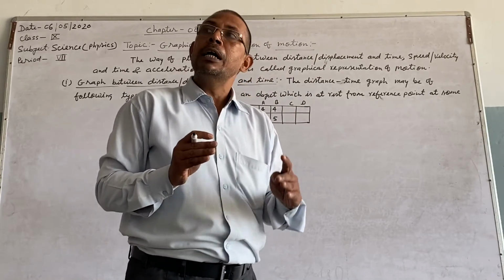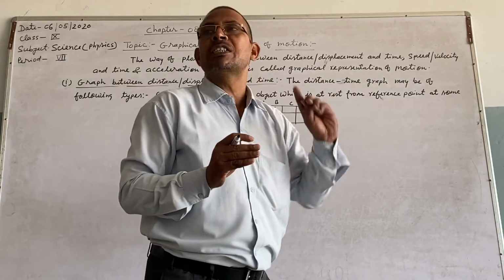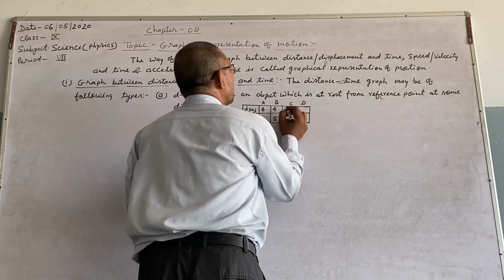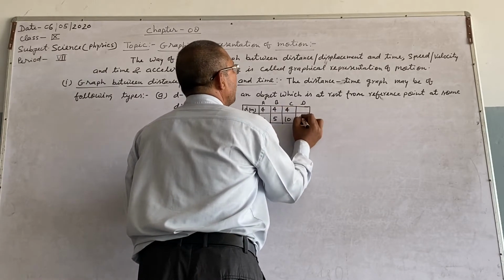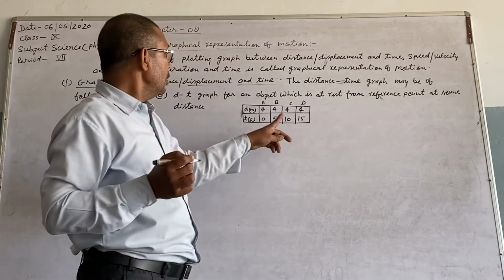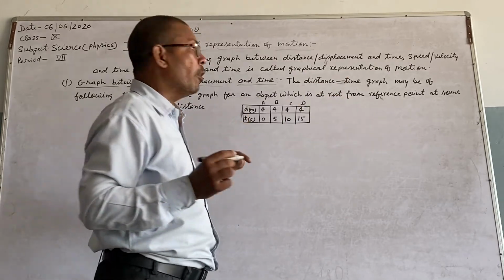4 meter distance पर reference point से object है और वो resting position में है, right? So here after 10 seconds this is in the same position 4 meter, 15 seconds 4 meter. Now so these information on a graph, what will you get?